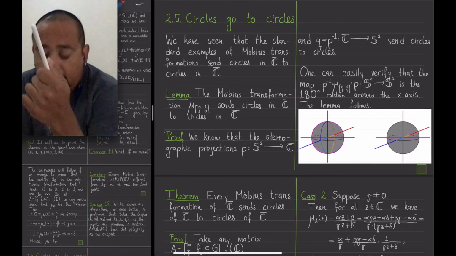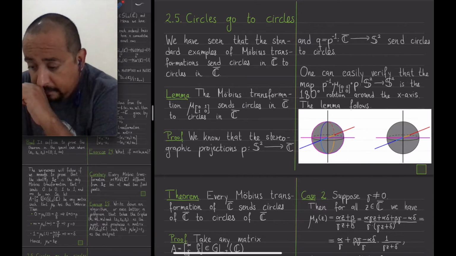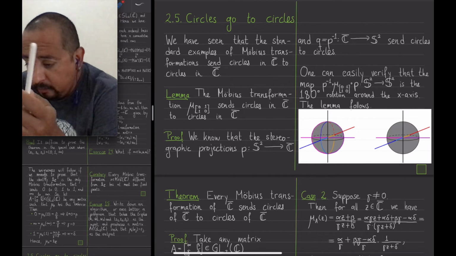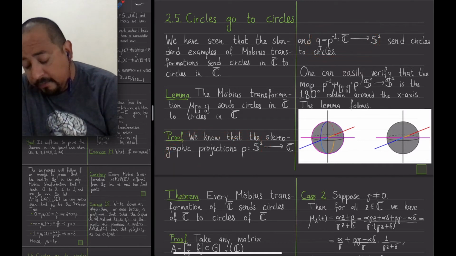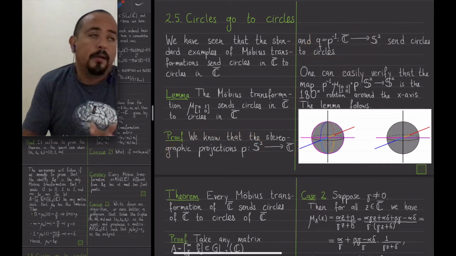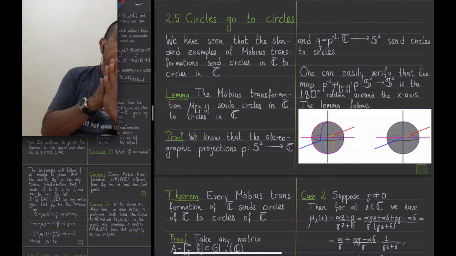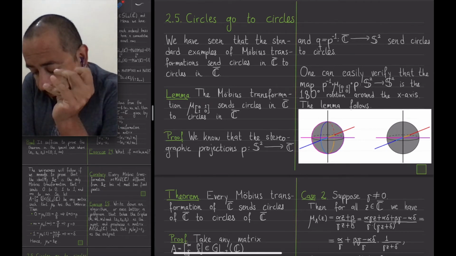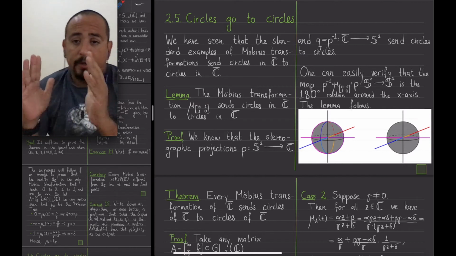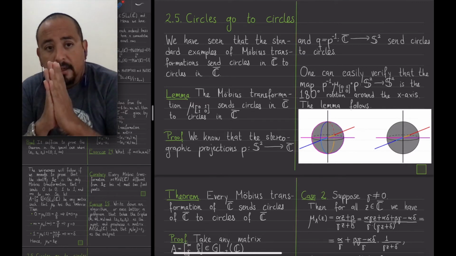Okay, but the other proof recurs to the fact that we already know that the stereographic projections send circles to circles, circles in the sphere to circles in C bar, and vice versa. Now, there is one parenthesis I want to make.